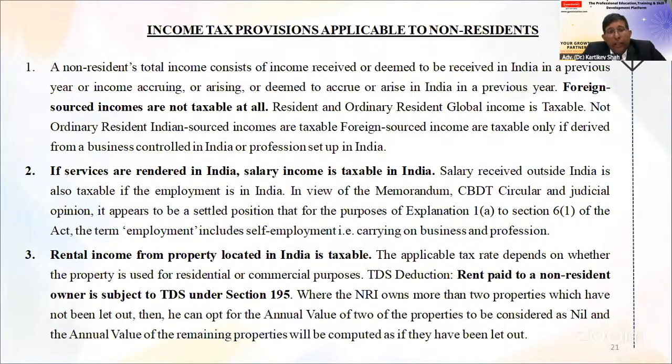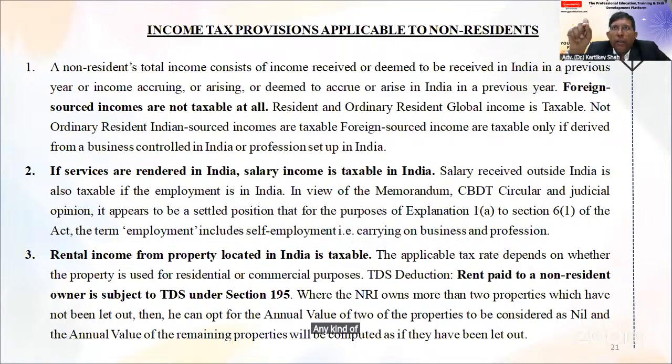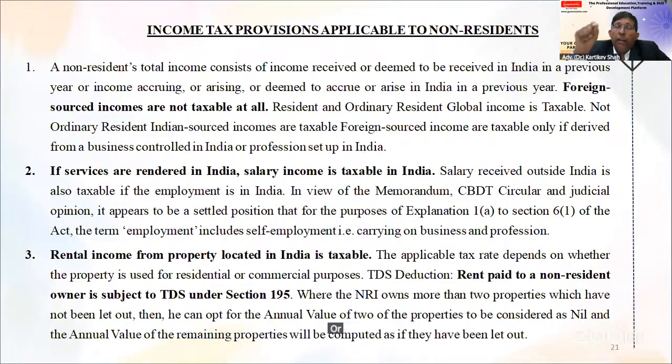Now the second is rental income from property located in India, which is taxable. We have not discussed the Act of FEMA here, but as per FEMA, any non-resident can purchase any kind of property in India, except agricultural land and farmhouse.